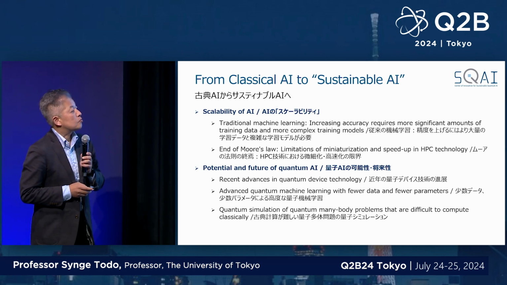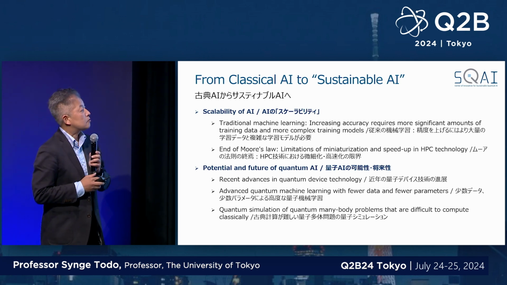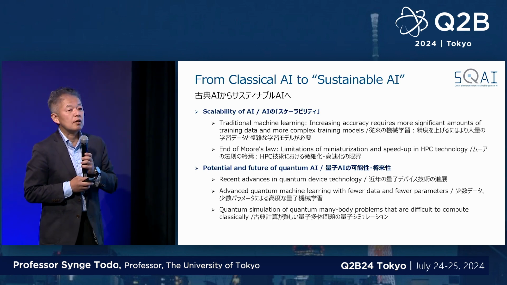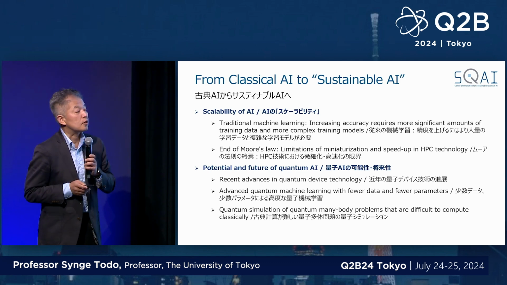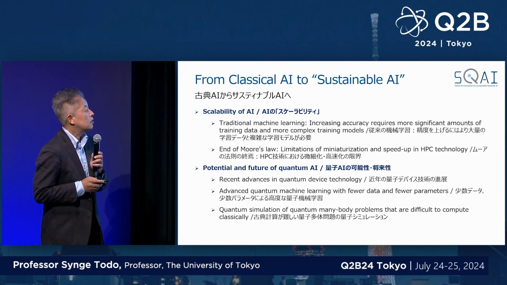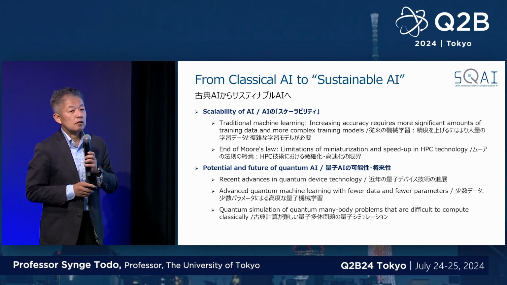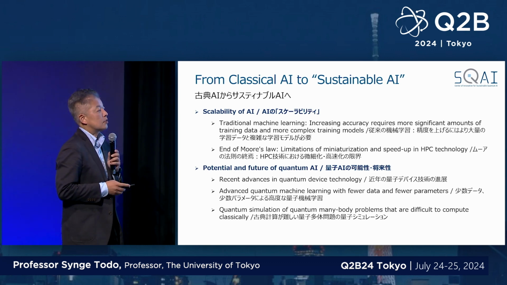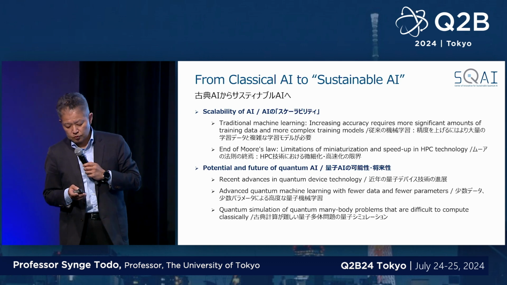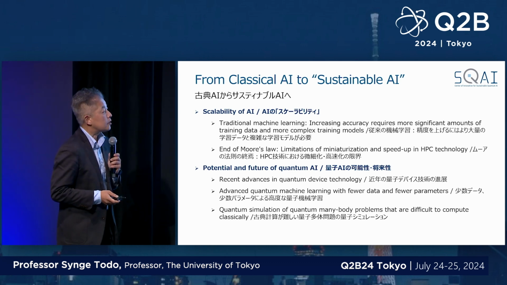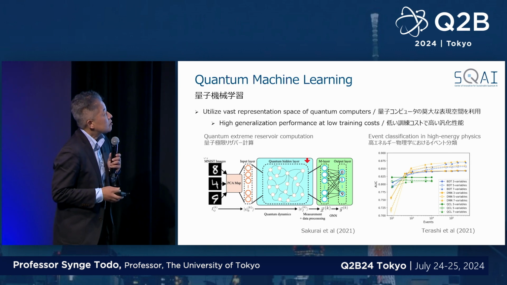Also, as I will discuss later, small amounts of data or small amounts of parameters can result in higher quality response in quantum computing compared to classic computing. And the simulations that are difficult with classic computing can be applied to quantum computing to get better results.